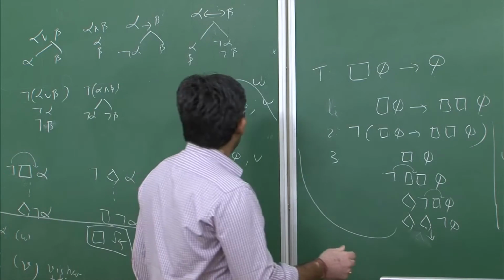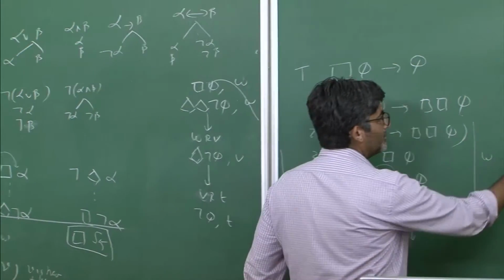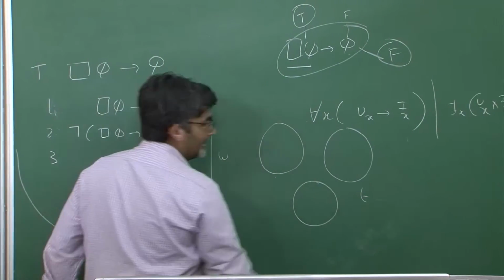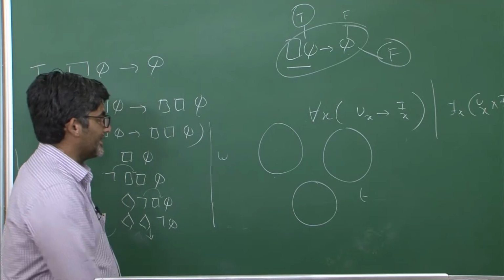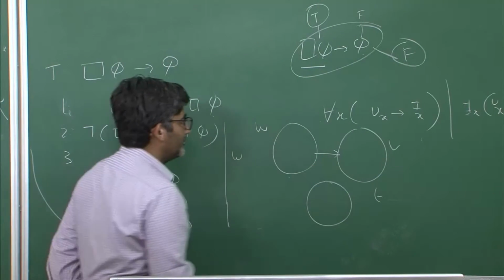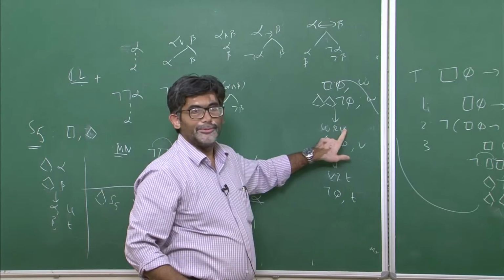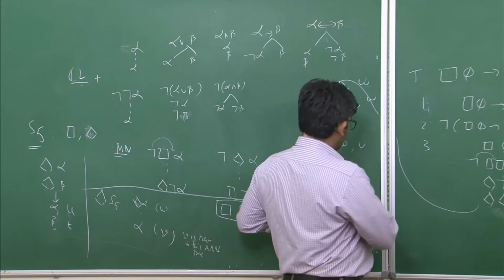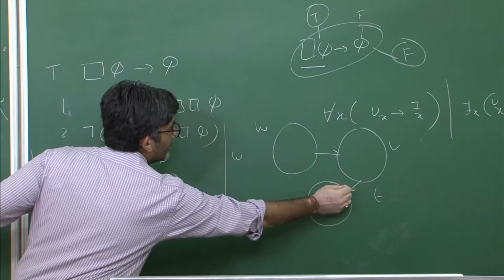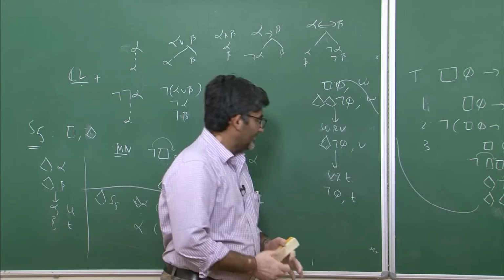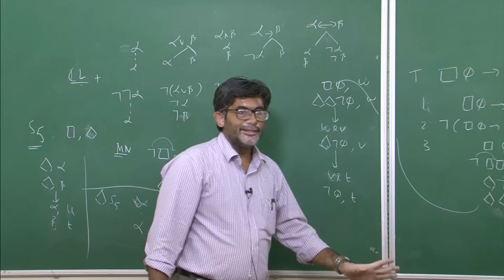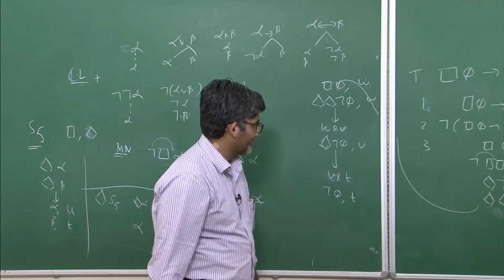So this goes like this. We have taken three worlds W, V and T. Let us say T is the world which we have taken into consideration. So W has to be accessible to V, and you see here V is accessible to T. But in this case there is no way in which you can move from W to T unless and until you bring in the transitivity relation.